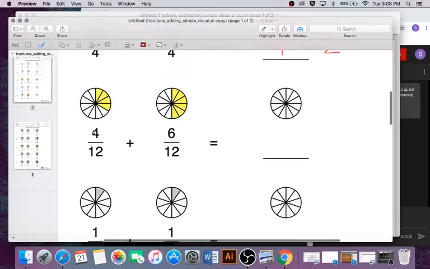Down here in this one, we see that our circle is split into 12 parts. Our second circle is split into 12 parts, which means our answer is going to be split into 12 parts. So our denominator is 12.